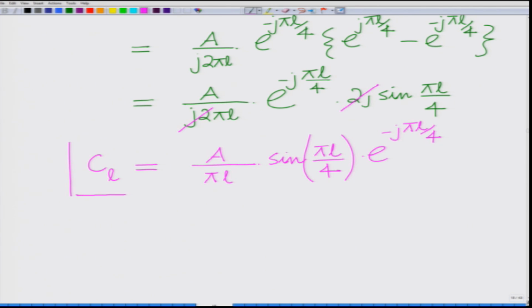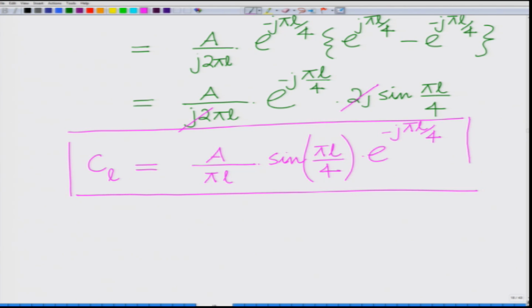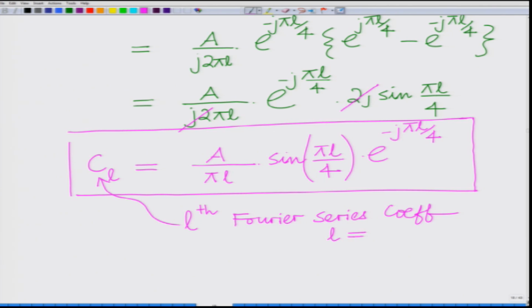and this is our coefficient, correct. So, this is your Lth Fourier series coefficient where L is not equal to 0.